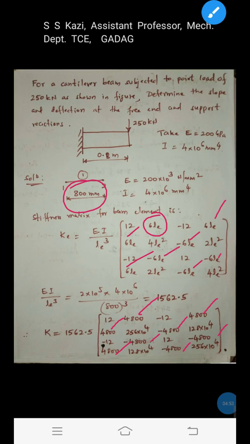Wherever 6 LE is there, you write 4800, and wherever minus 6 LE, you write minus 4800.